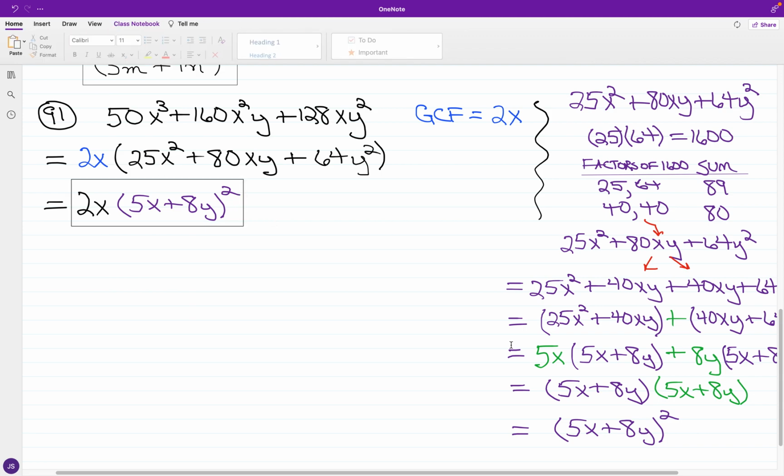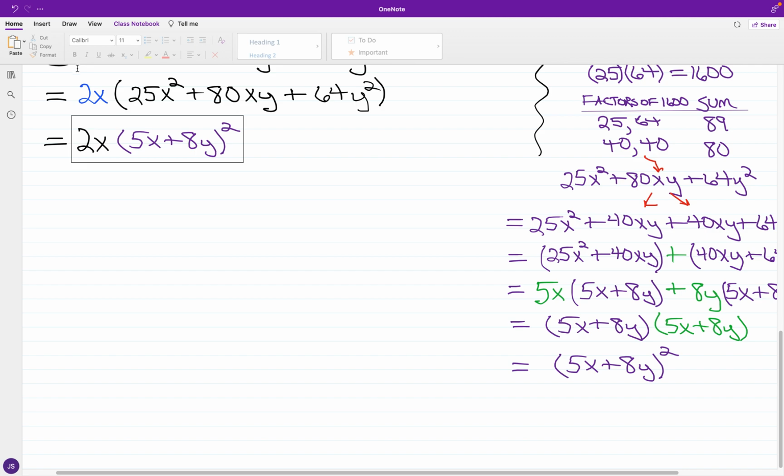Okay, and just a special case here with factoring by grouping.